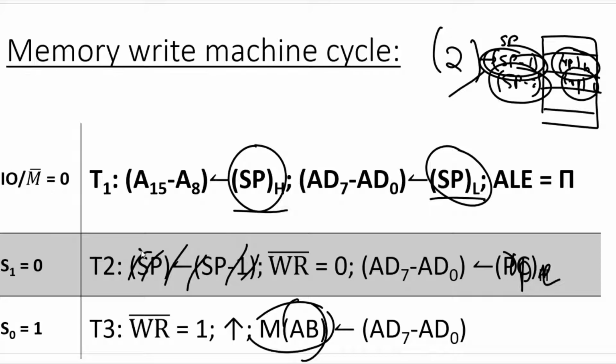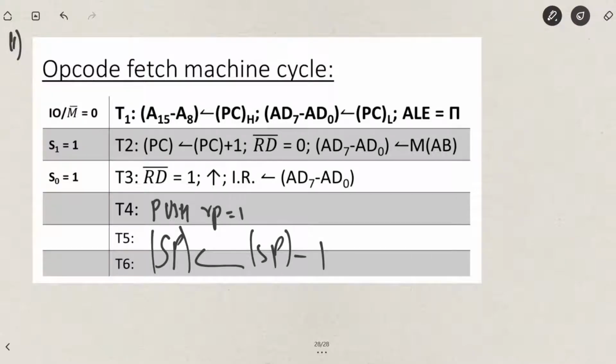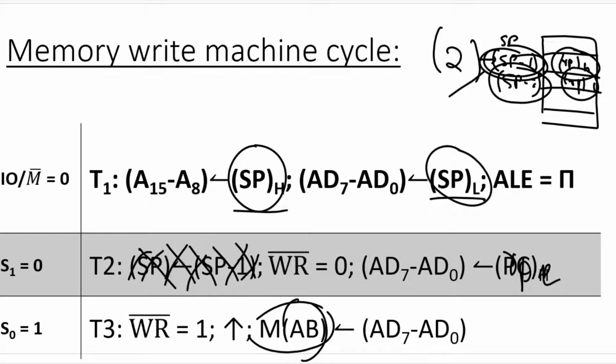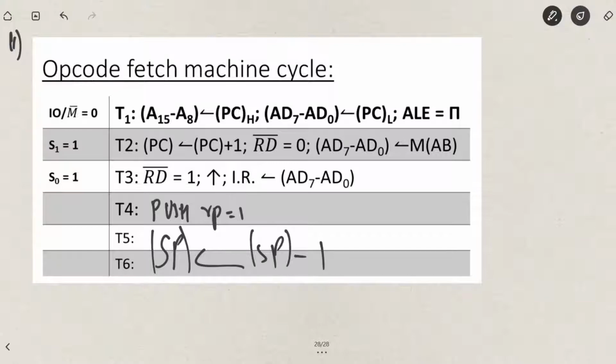Fine. And in memory write machine cycle number 1, SP has to be decremented. Now it's already pointing to SP minus 2. We do not need to decrement it further. So this is your memory write machine cycle. Fine. So you'll have the opcode fetch machine cycle and then 2 memory write machine cycles.